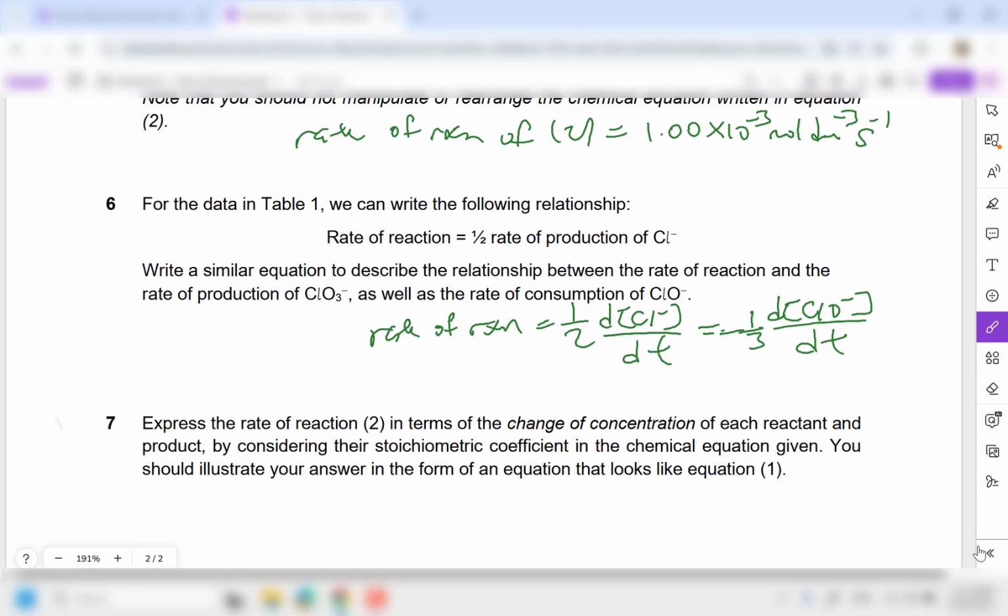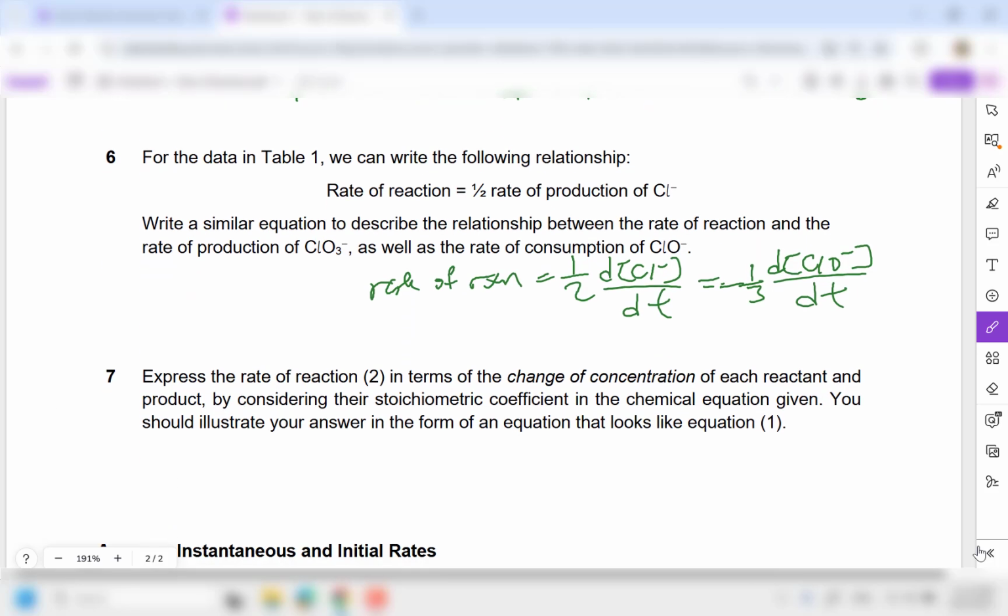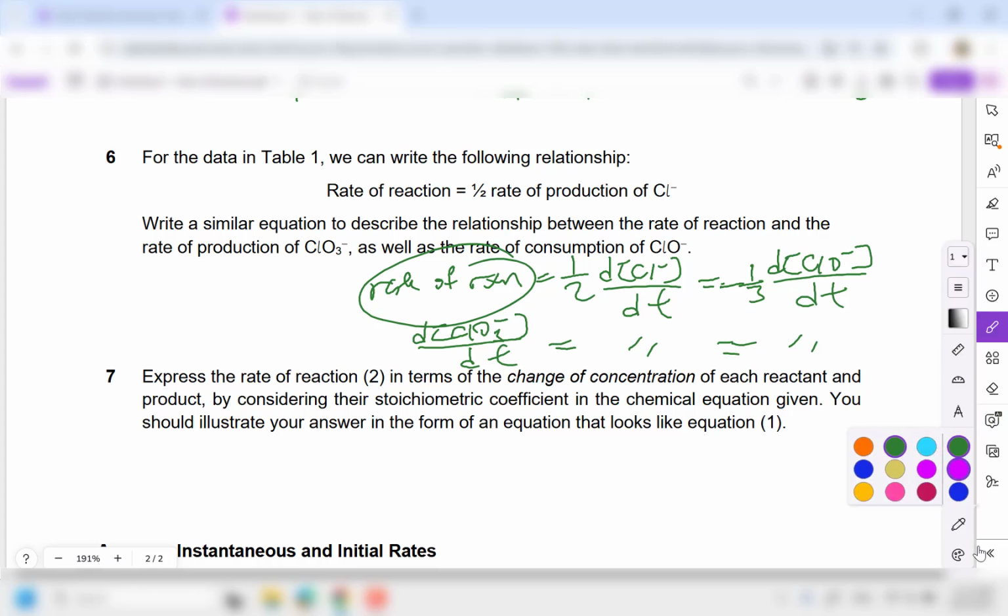Then express reaction 2 in terms of the change in concentration for each reactant. I think I've illustrated it over here, except that I'm just going to replace this with d[ClO3 minus] over dt equals so on and so forth. This will be the answer to question 7.